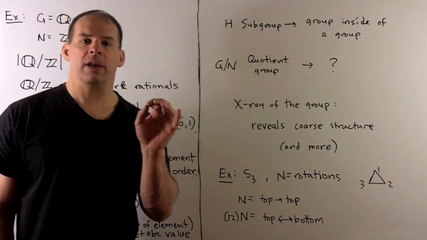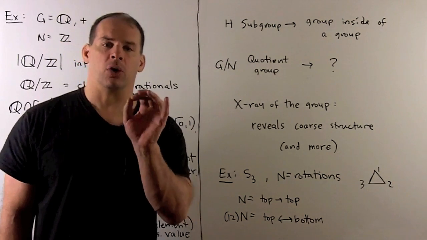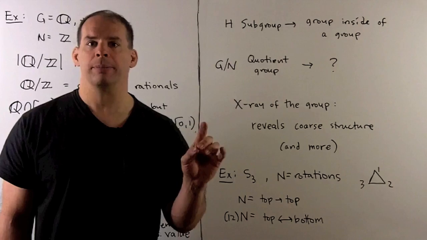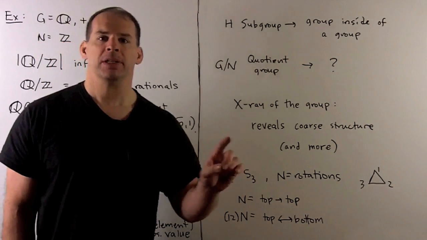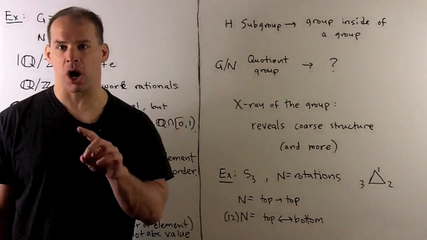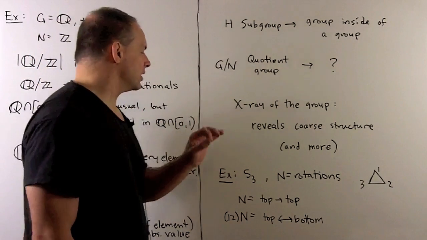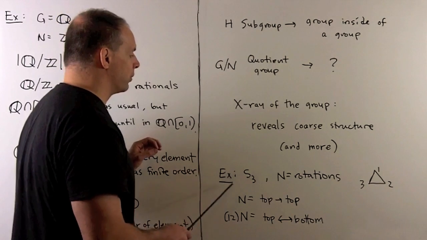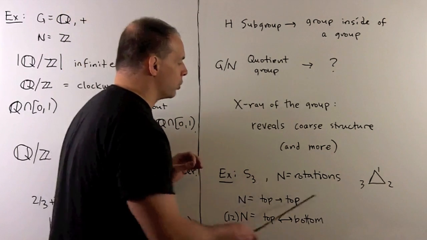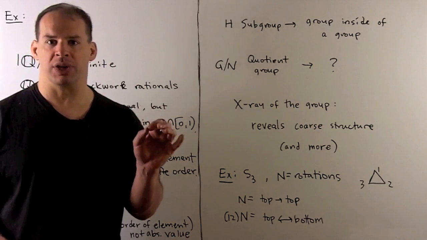Now, one way to think of this is that when I form a quotient group of our group, we're taking an X-ray. What we're doing is throwing information away to get another group which has less structure in some sense. So for instance, if we took our example of the symmetric group on 3 letters with the normal subgroup of rotations, what's really happening with each of these cosets?